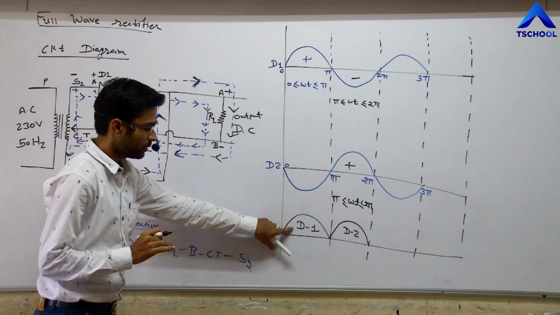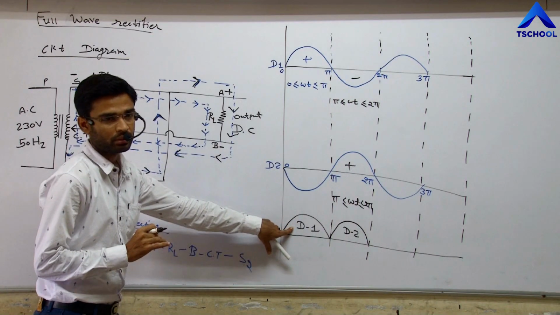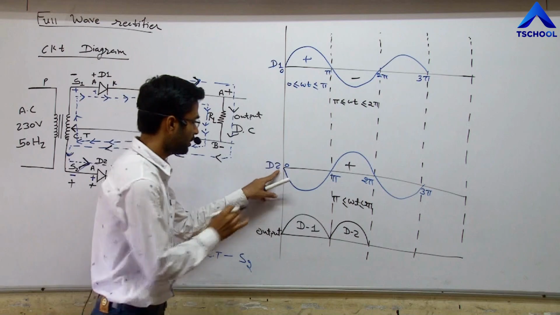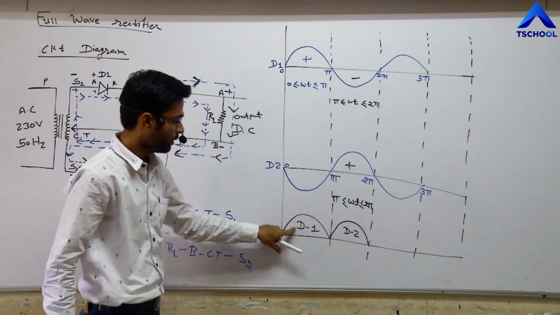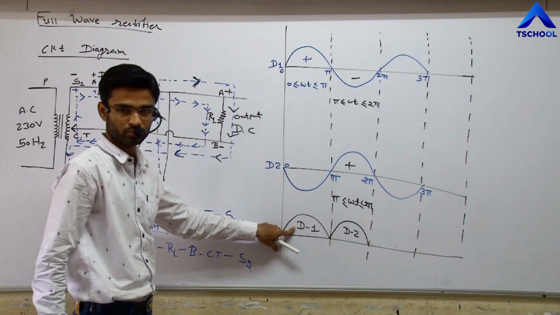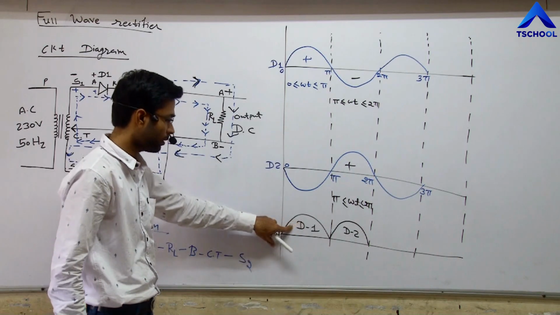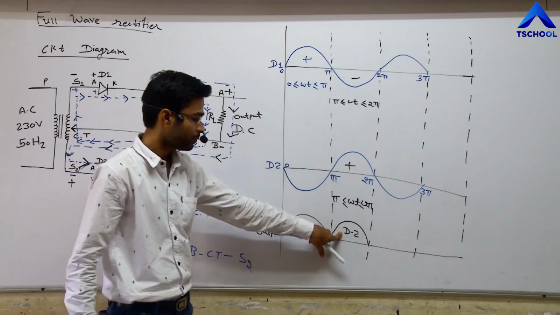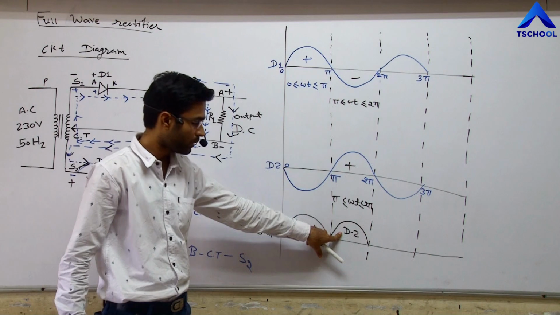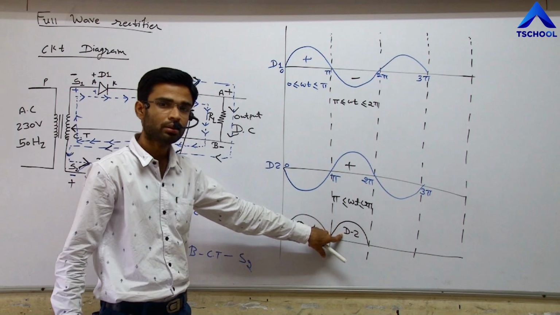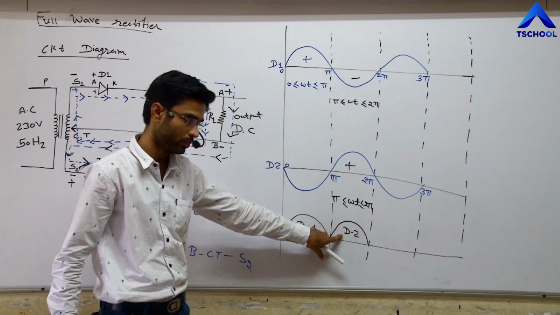Here, in the first complete cycle from 0 to 2 pi, we get the output of D1 because diode D1 is in forward bias mode, and the output of diode D2 because diode D2 is in forward bias mode.